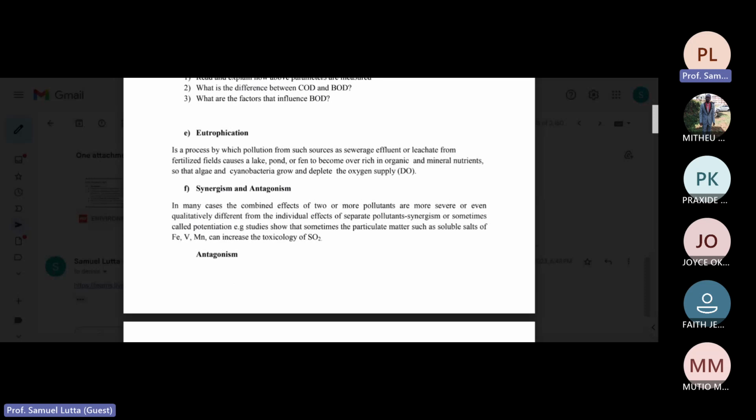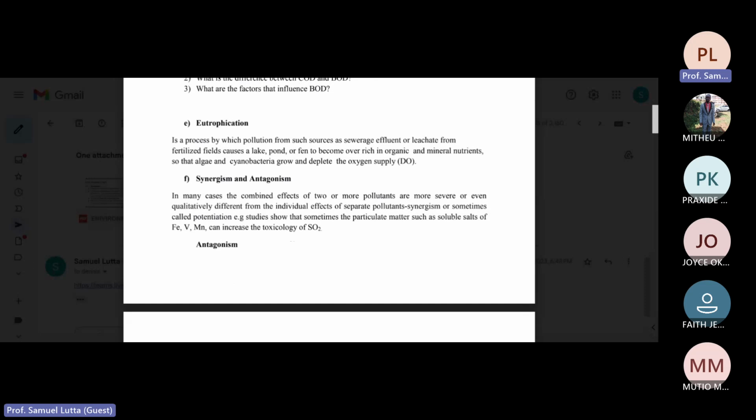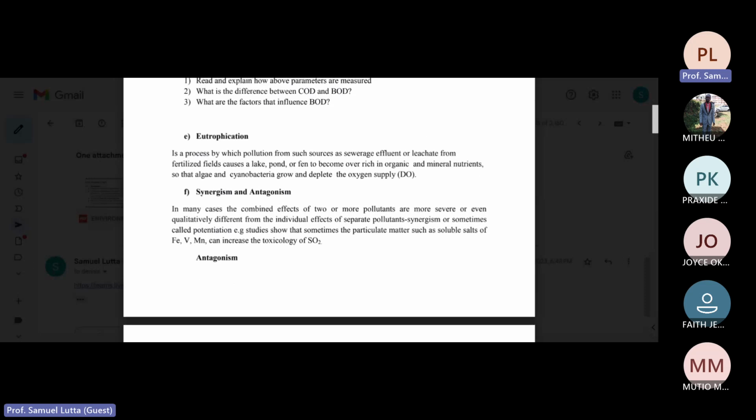So we have that kind of effect. So we have eutrophication. This is just the overgrowth of planktons caused by excess sulfate, nitrates, phosphates in water, leading to suffocation of the organisms which live in water.